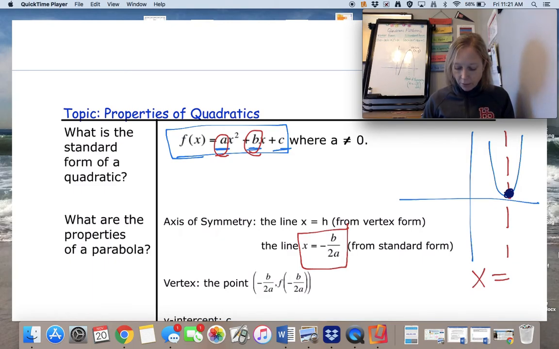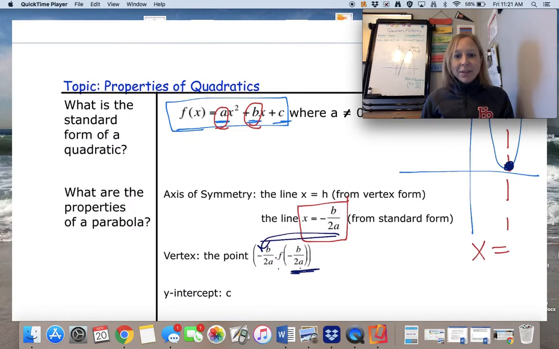So this number that you come up with right here is your x value, okay? And then to find the y value of this point, what you do is you plug that number into your original equation. That's why it says f of negative b over 2a, because we take that number and we put it in the function, and whatever we get out is the y value. It sounds more complicated than it is, I promise.